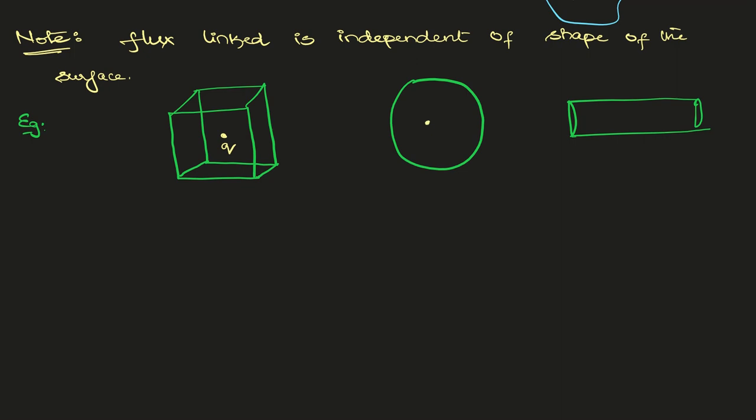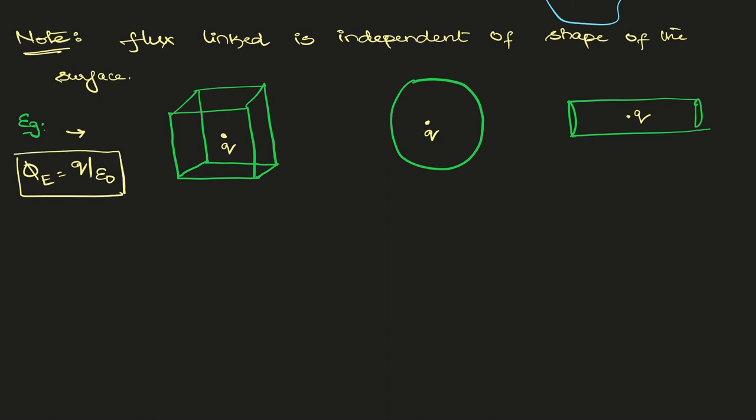The charge value is Q. So the flux linked with this cube or sphere or cylinder is independent of the shape. So flux linked will be Q by epsilon naught.